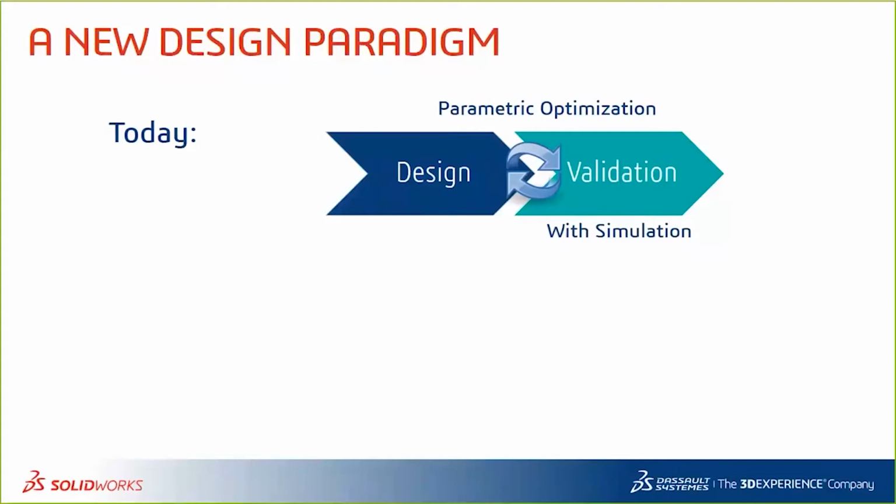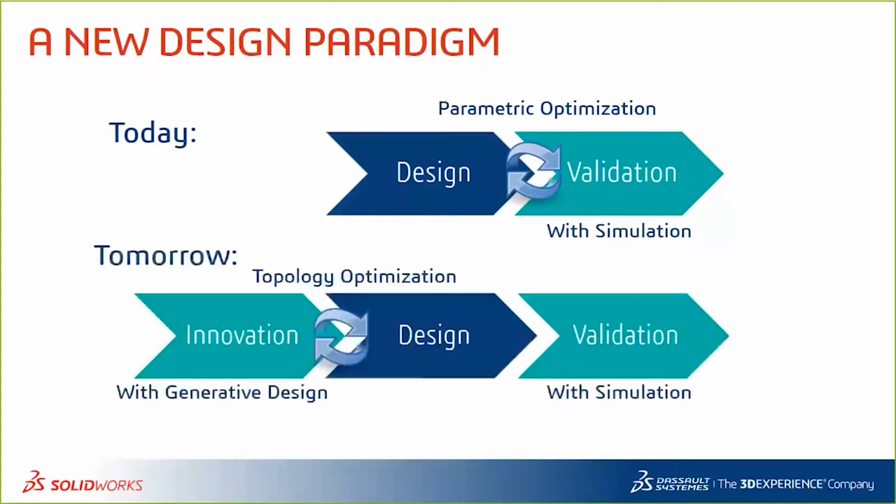From that initial design, what we are proposing, versus today's parametric approach, is: can we design the best part from the get-go, from the initial design? In the past, although we've made design changes and revisions based on validation results, the final design always retains some form or shape of that initial design.